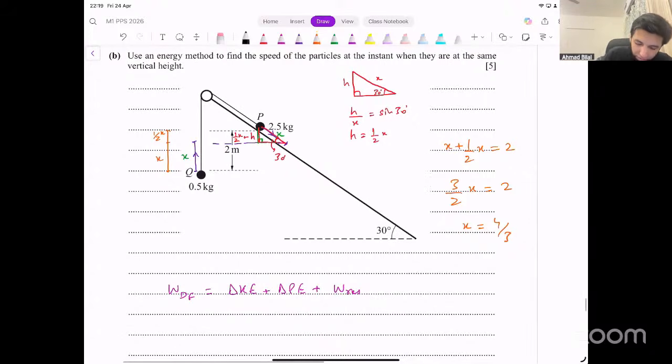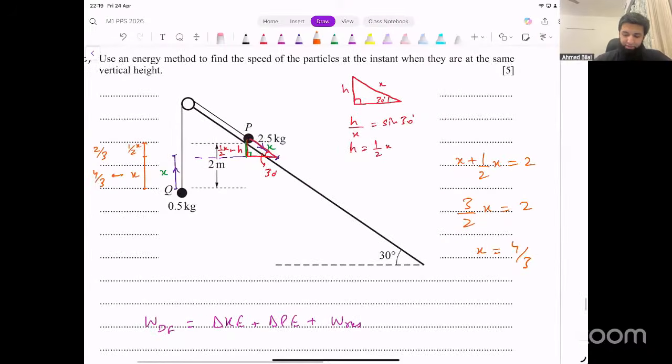So Q is moving up by a distance of 4 over 3 and P is moving down vertically by a distance of 2 over 3. Is that clear to everyone? What did we just do? This complete distance between P and Q vertically, that is 2 units.